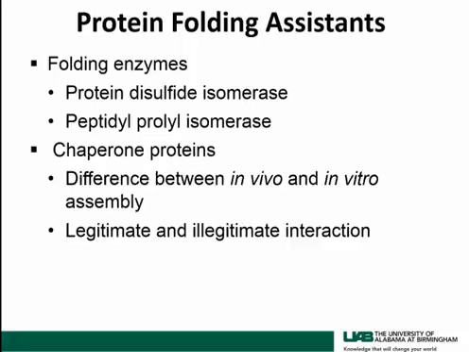When we talk about chaperone proteins, we're talking about proteins that, when the protein is synthesized, begin to surround that protein molecule and provide an environment for that protein molecule to fold and keep it from other protein molecules that it might interact illegitimately with.